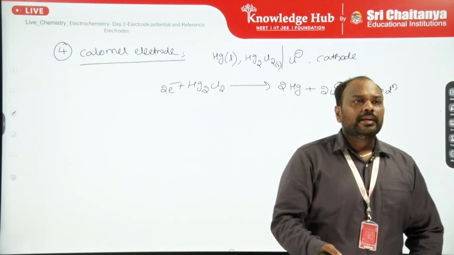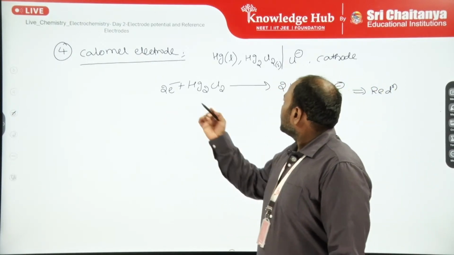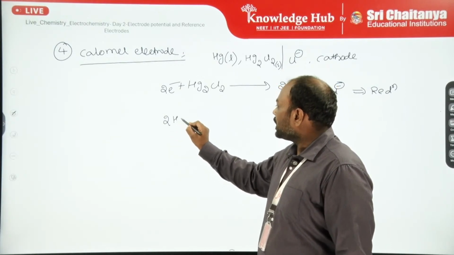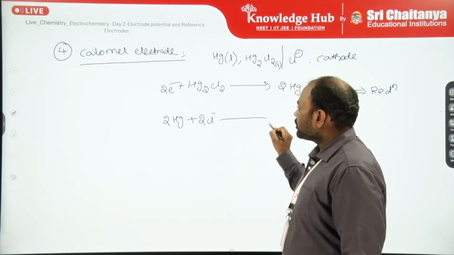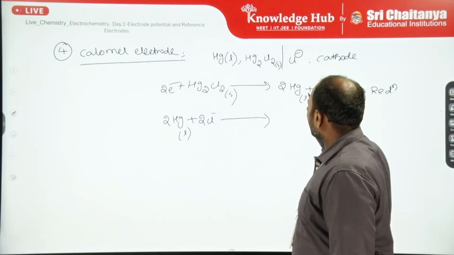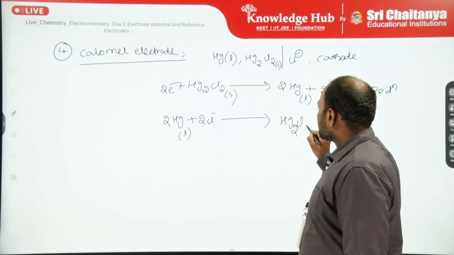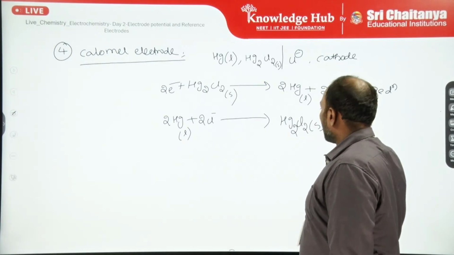Now it is also acting as which one? Anode. Reverse reaction. What happened here? Reversible reaction. What is the reversible reaction? 2Hg plus 2Cl minus, one is a liquid form, one is a solid form. Then it gives rise to Hg2Cl2 solid, with losing of 2 electrons.